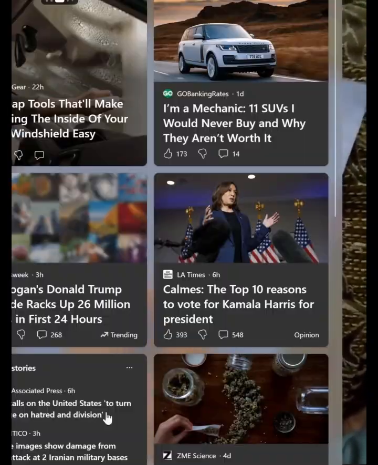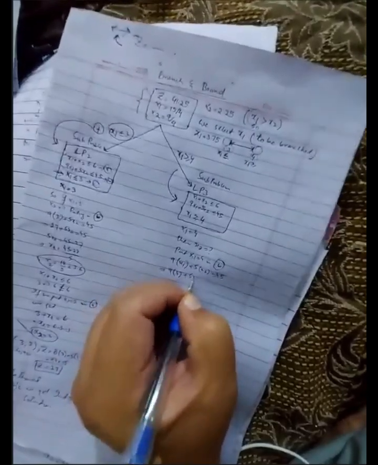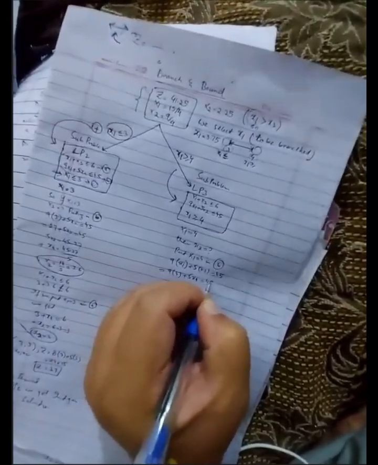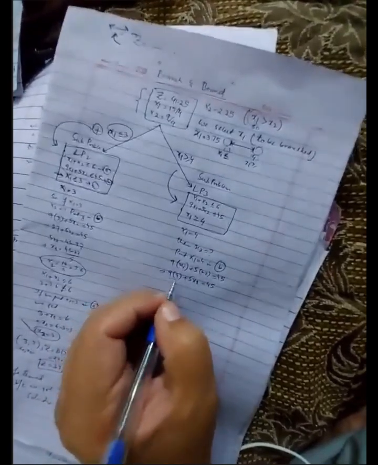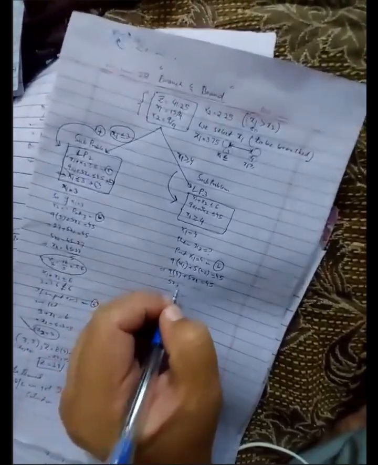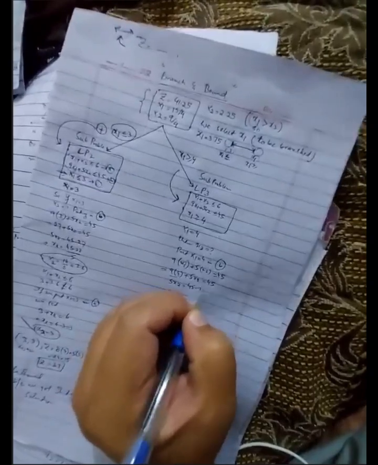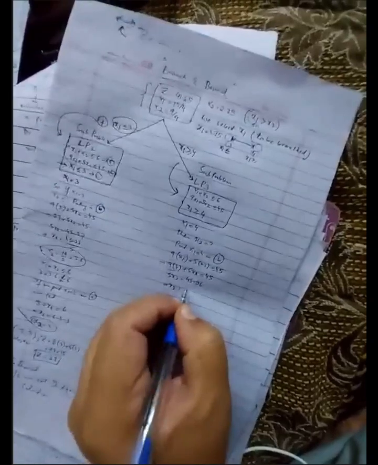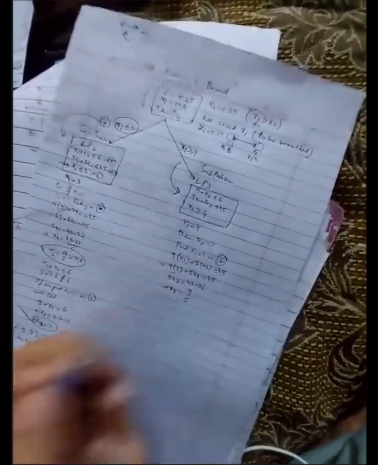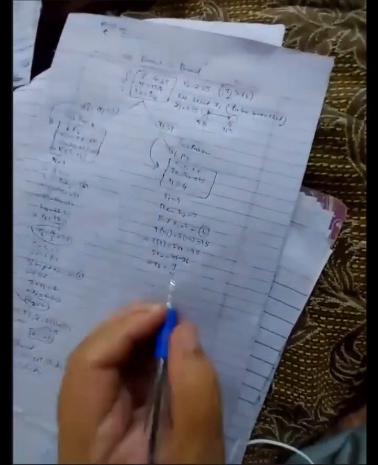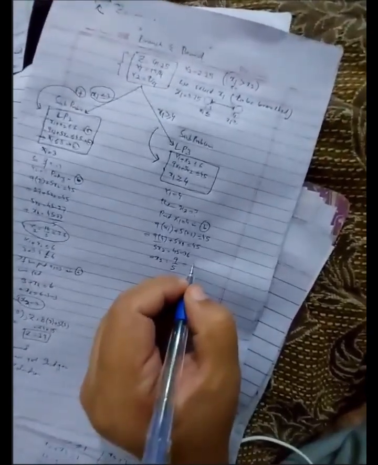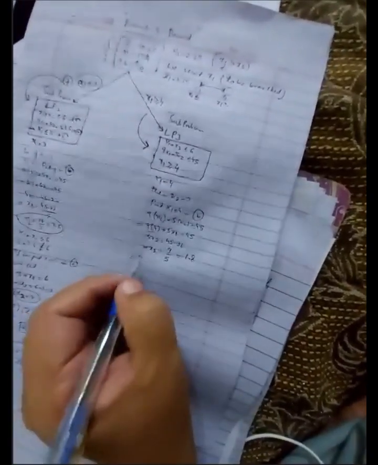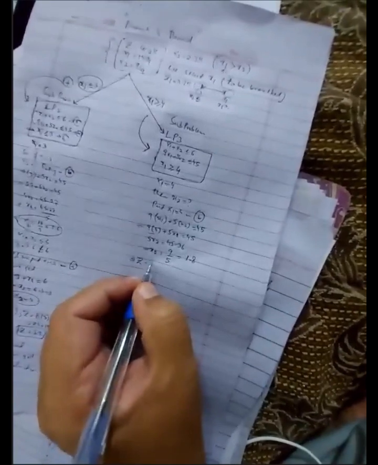Now x1 is equal to 4, so 9 into 4 plus 5x2 is equal to 45. This gives us 36, so 5x2 is equal to 45 minus 36, which in turn gives us x2 equal to 9 by 5, and 9 by 5 is equal to 1.8.